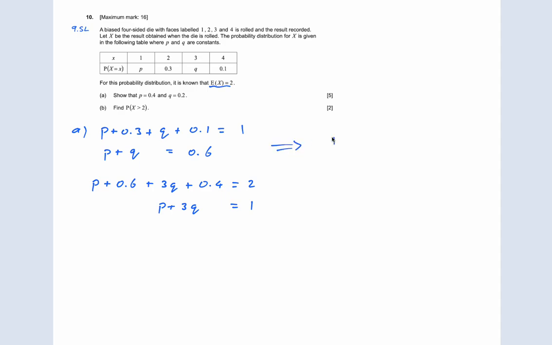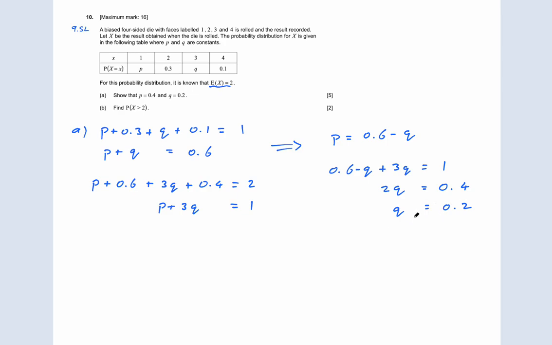So p equals 0.6 minus q, and then I'm going to sub this into here. So 0.6 minus q plus 3q equals 1, which gives me 2q equals 1 minus 0.6, which is 0.4, and then q equals 0.2.